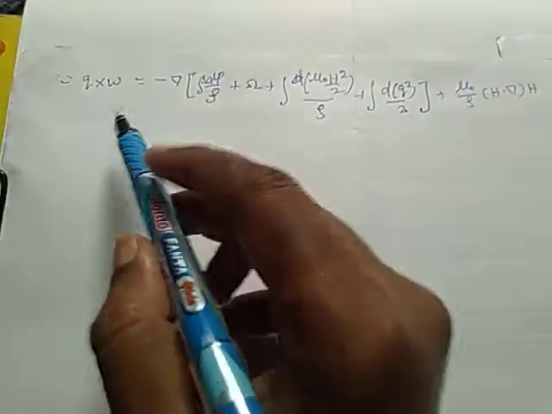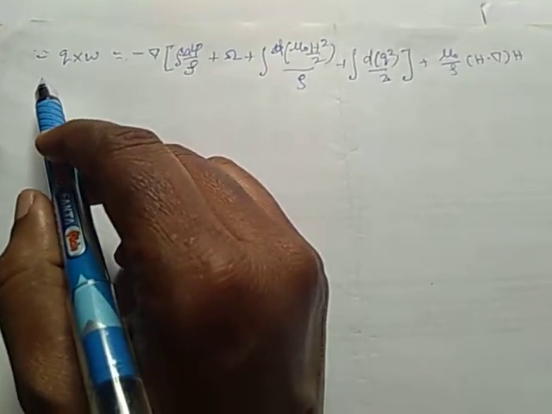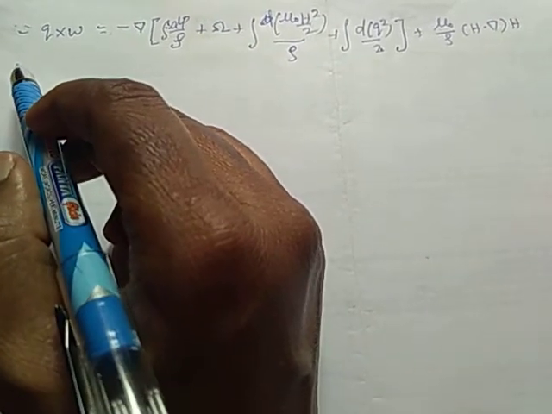Here I have substituted dou q by dou t is 0 because we are considering steady flow.